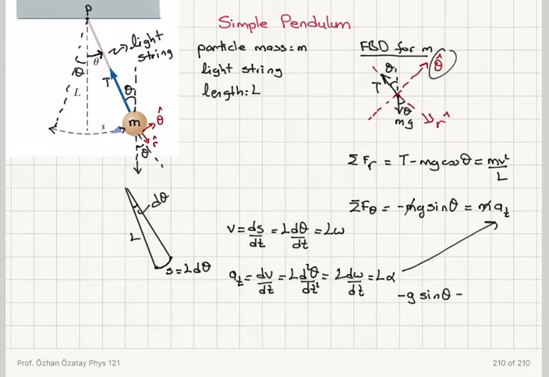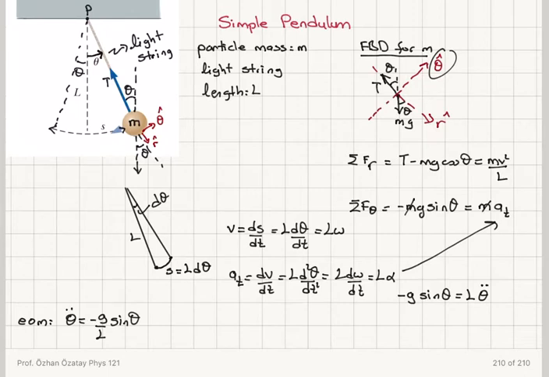All right. So if I substitute this tangential acceleration into this equation here, I obtain minus g sine theta is equal to L theta double dot.